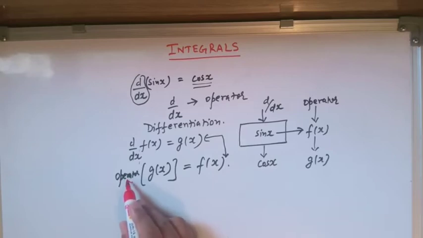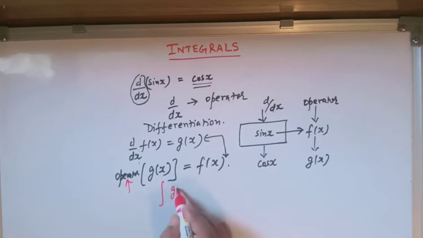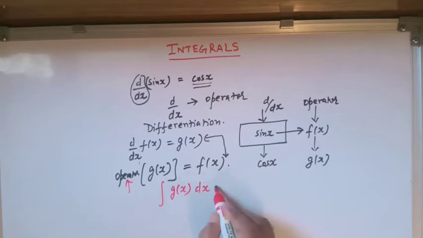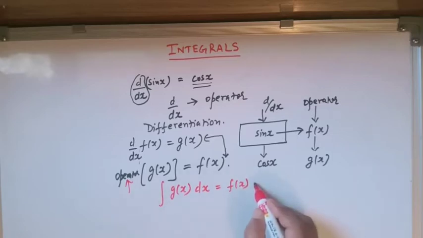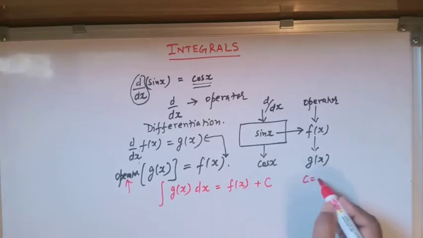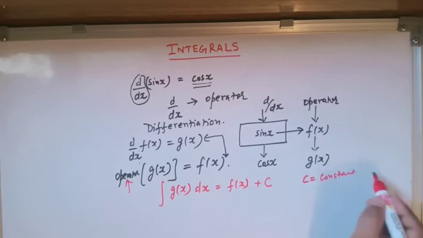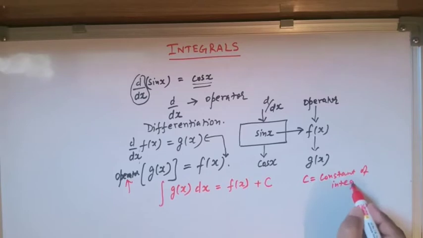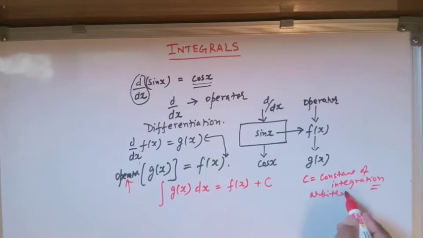Or we can write it like this, by this symbol, and we write here g of x, and we write dx here equal to f of x, with a constant of integration, say c. Clear? I will explain it later on. This c is called the constant of integration, and this is an arbitrary constant.